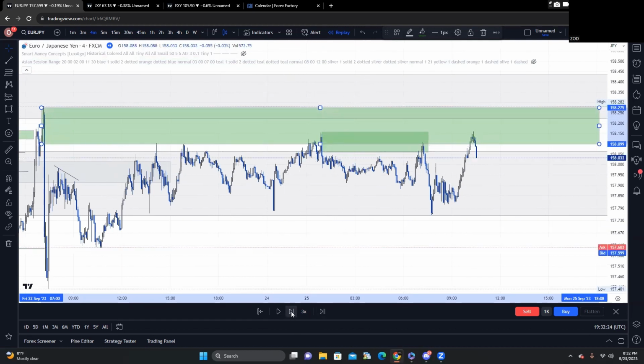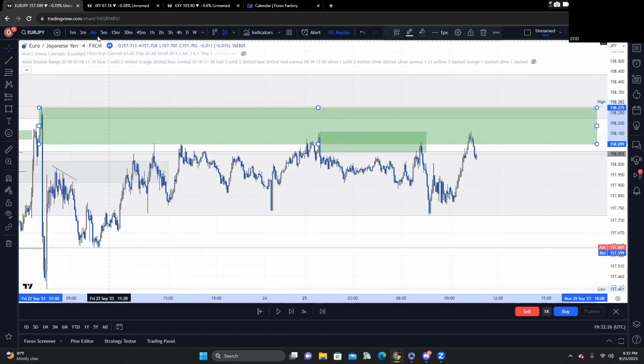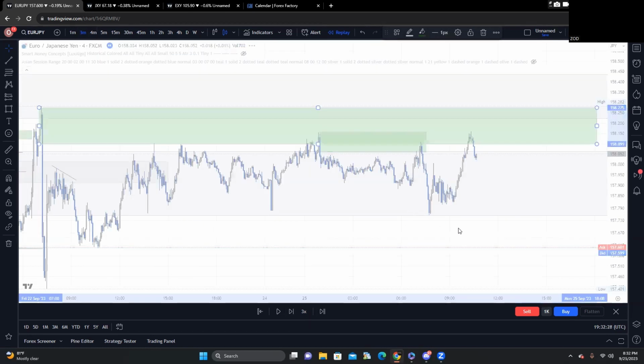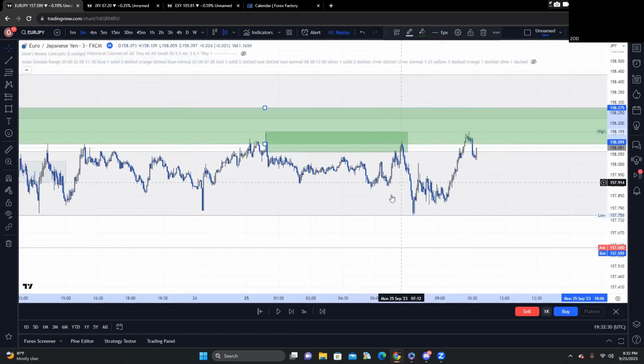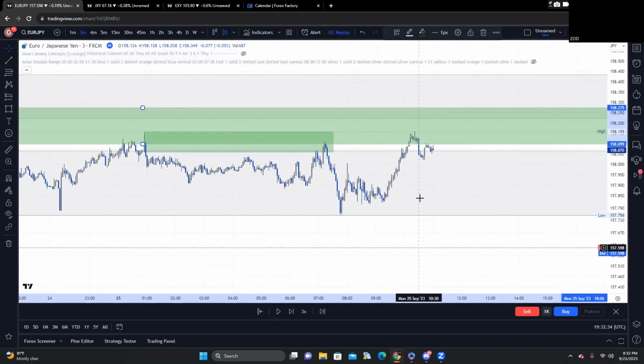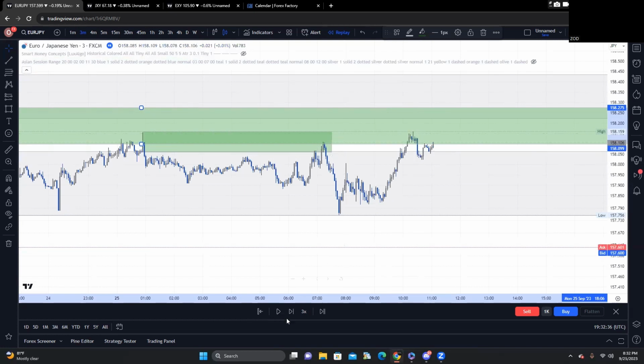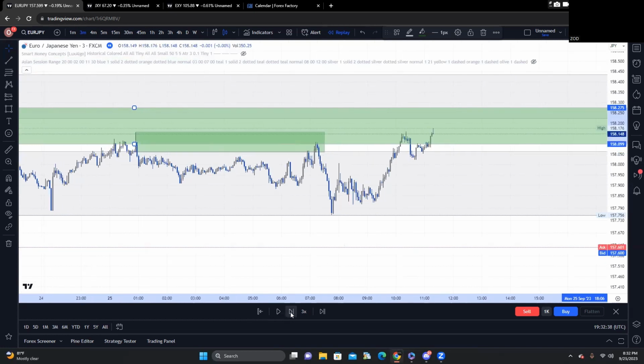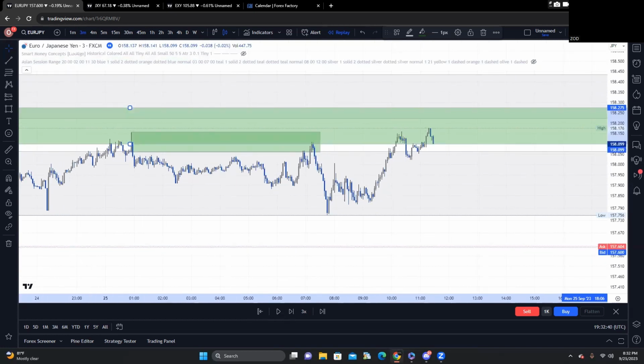So what did I do? I also noticed, let's go to smaller time frames, I can actually see it more clearly. Yeah, I noticed this high to this low. Then what do we have again? We have another break of structure there.